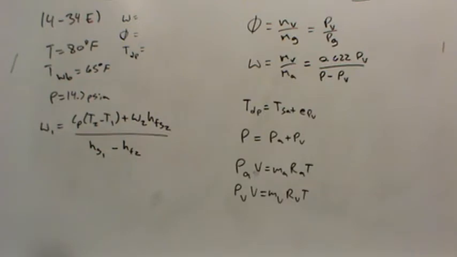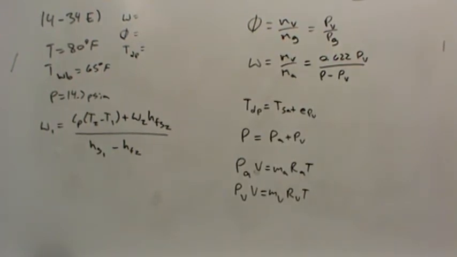Now what is this? Well, this really is representing a saturation process where the air has been taken to saturation conditions. And that's really what this is, right? This is the temperature at saturation conditions. So go back to where we were talking about sling psychrometers in the chapter. That's page 739.